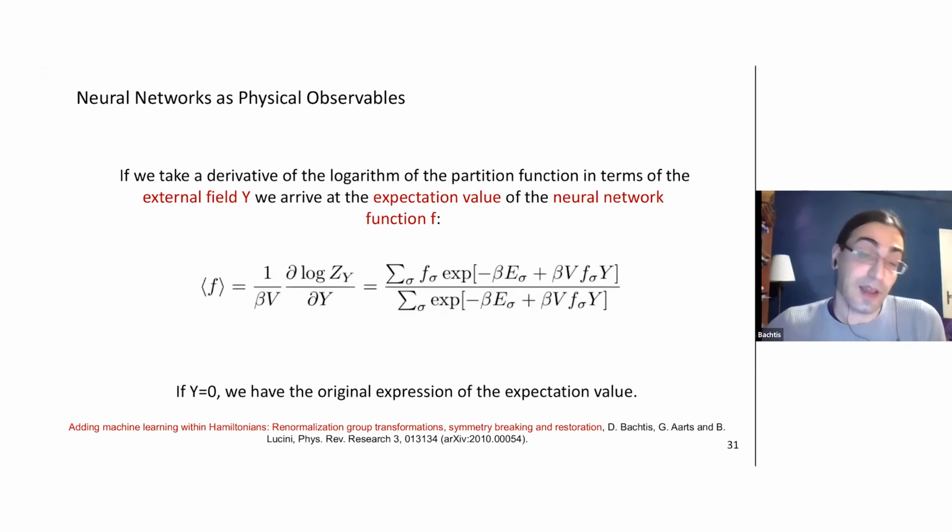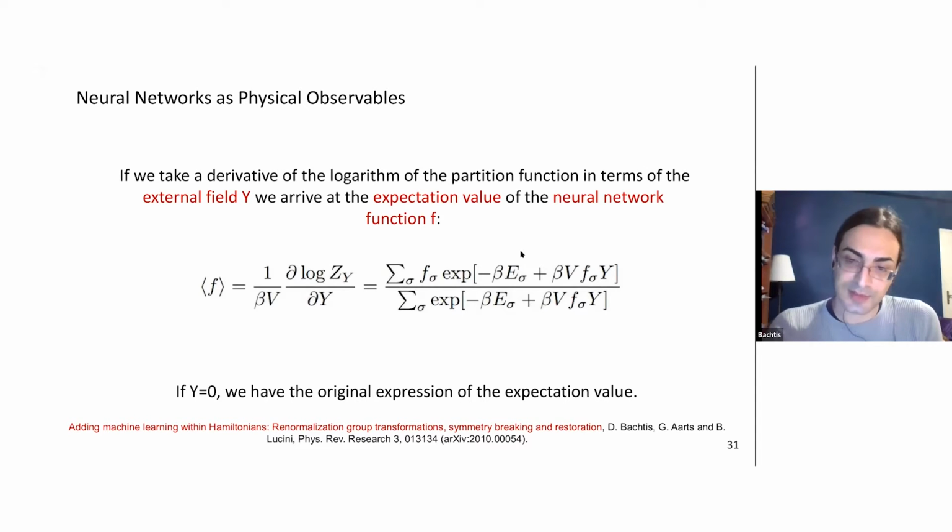If we take a first derivative of the logarithm of the partition function in terms of this fictitious neural network field, we arrive at the expectation value of the neural network function. Again, if this neural network field is equal to 0, then we have the original expression and we didn't really change anything.